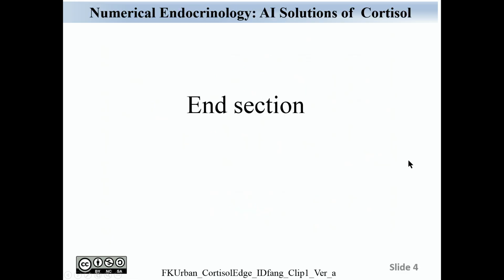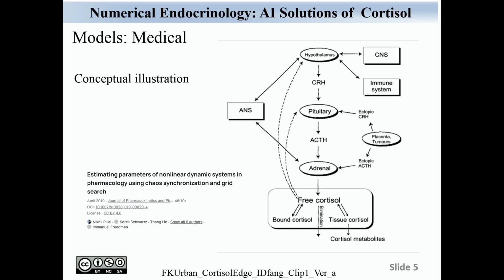So in order to solve equations about all this, we need to have equations to start with. And so first of all, a medical model, more or less as a conceptual illustration of the system. We're primarily interested here in the cortisol part, where there's bound CBG and albumin.